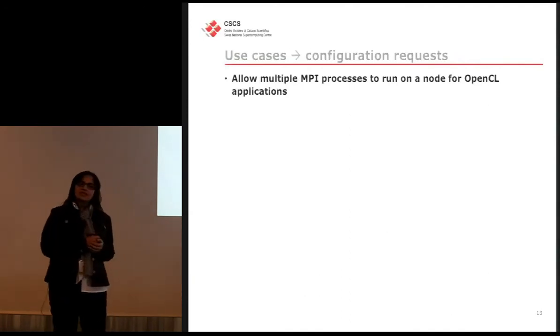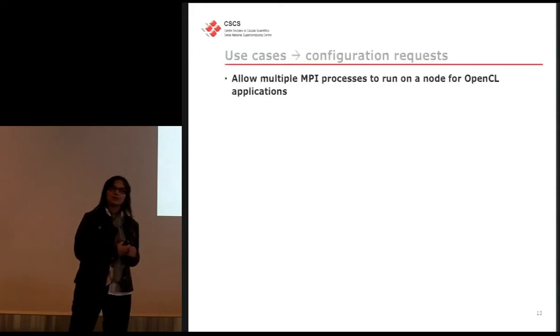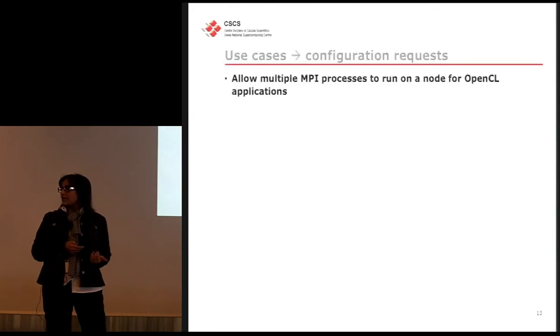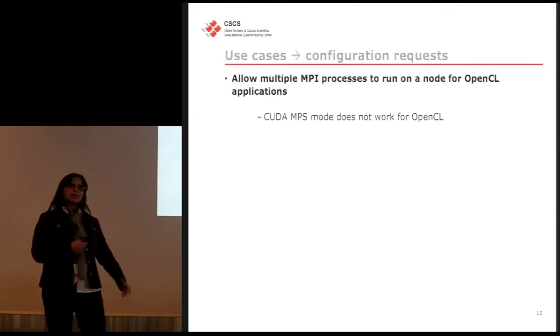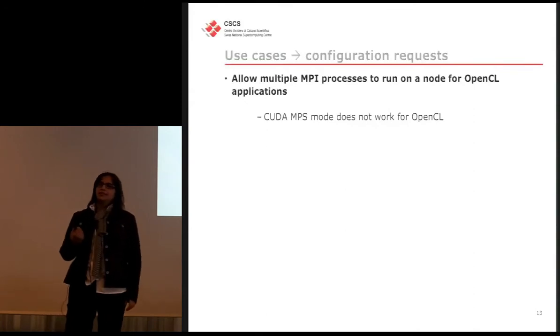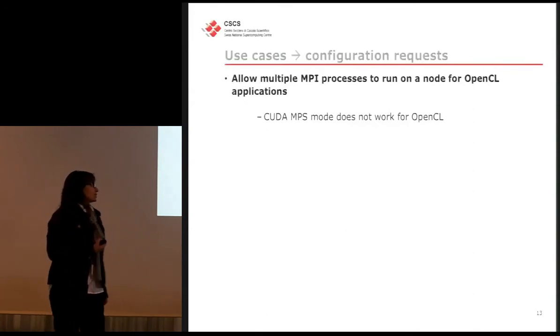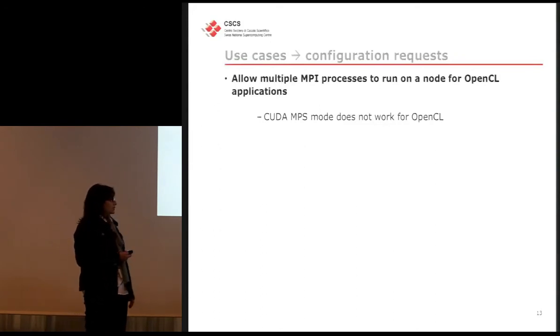Our first use case was when a user came to us and said, I have an OpenCL code and I would like to use more than one MPI per node, but I'm getting an error. And we said, by the way, NVIDIA have introduced this thing called MPS, which used to be called proxy, that should enable you to use multiple MPI per node.